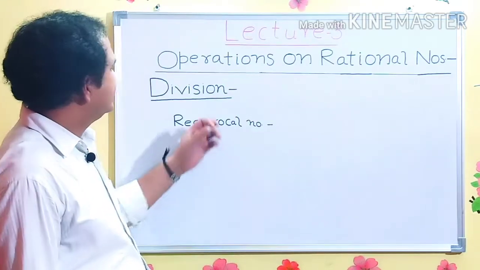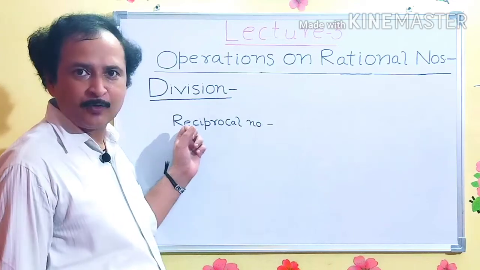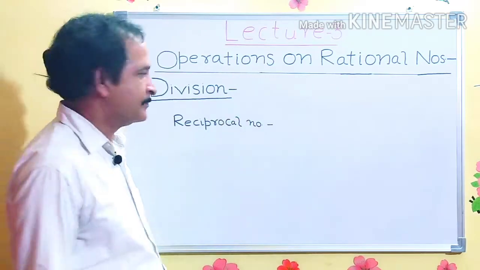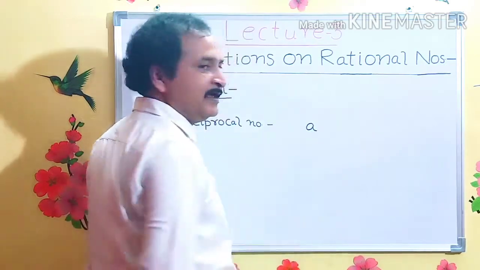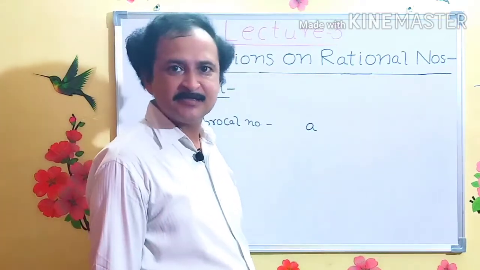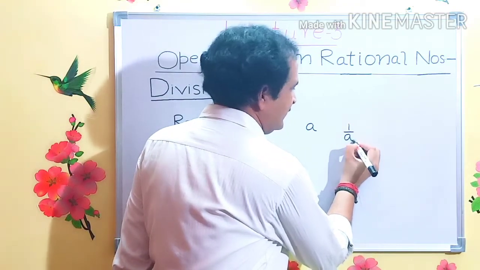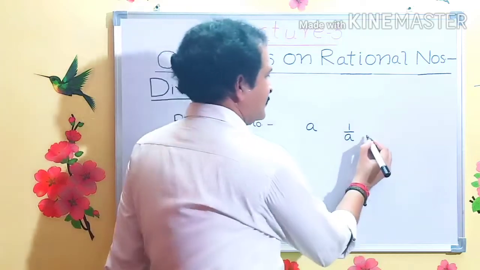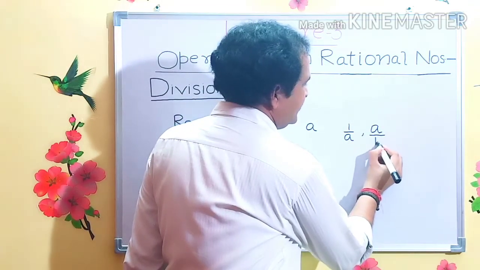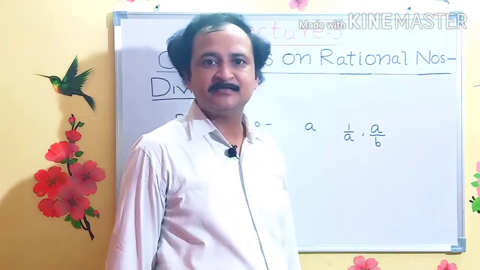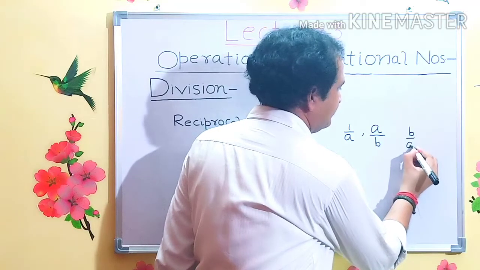Before starting the study of division on rational numbers, take a look at the concept of reciprocal number. Suppose a is a number, then its reciprocal is 1 by a. Or if a upon b is a number, then its reciprocal is b by a.